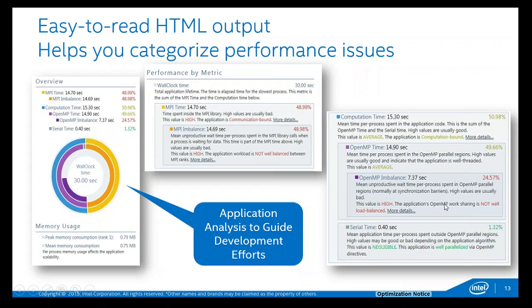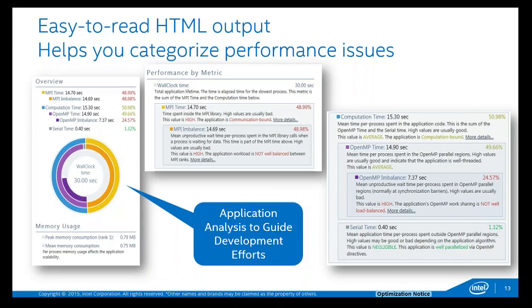So what I want to do is take a look at how I'm distributing my OpenMP threads. Potentially, I want to look at that with, let's say, VTune, and figure out where the potential bottlenecks are. And then finally it categorizes how much of my total time is serial time, and defines whether that's a good value or a bad value. Generally anything that's a fairly low percentage in terms of serial time is going to be good.